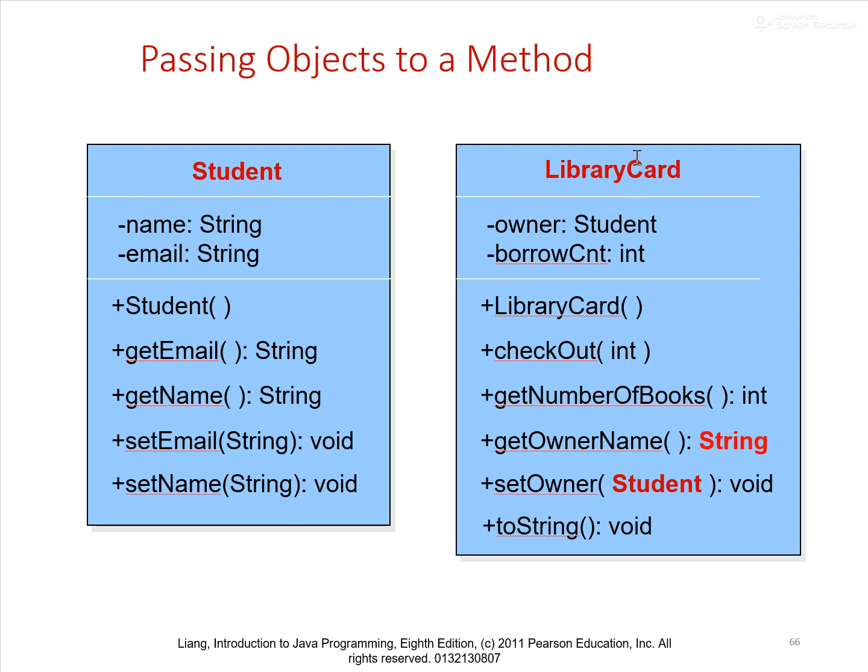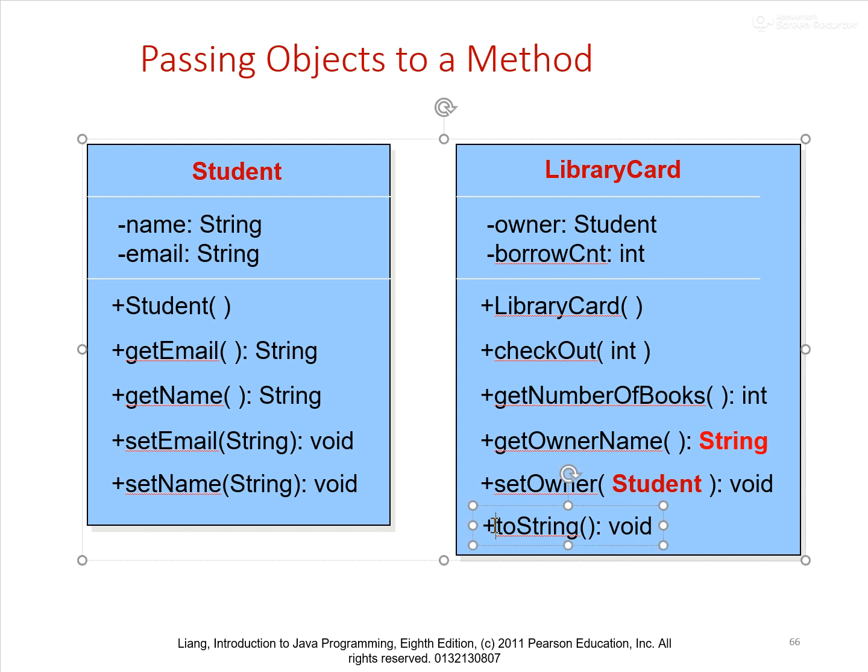The library card constructor; checkout, which is a method that will add the given number of books to the borrow count; getNumberOfBooks, which returns the value of borrow count, how many books that student has checked out; getOwnerName, which returns a string, the name of the student that owns this library account; and setOwner, a method that allows you to pass a new student object and change the owner on an account at that library.